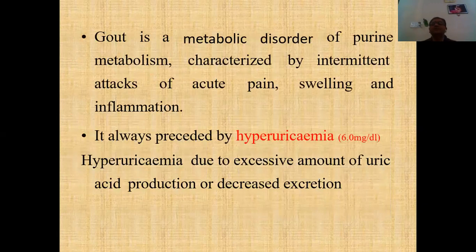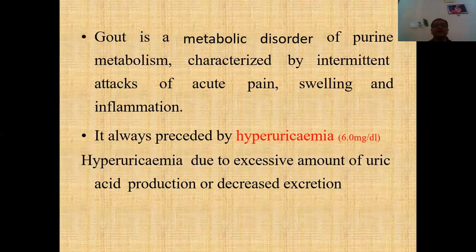Gout is a metabolic disorder of purine metabolism, characterized by intermittent attacks of acute pain, meaning severe pain that appears immediately, and swelling as well as inflammation that we observe. This is the symptom of gout. It is always preceded by hyperuricemia, where the normal range of uric acid is about 6 milligram per deciliter.